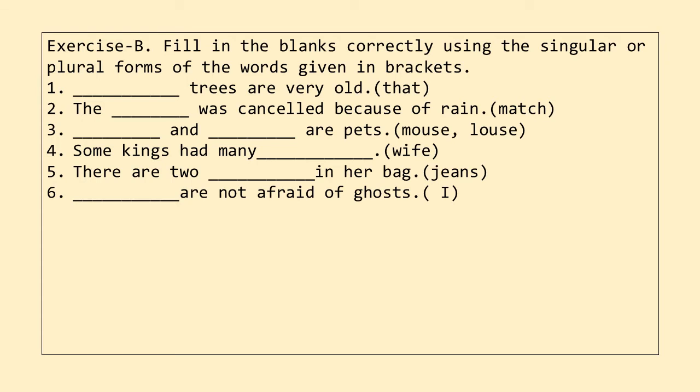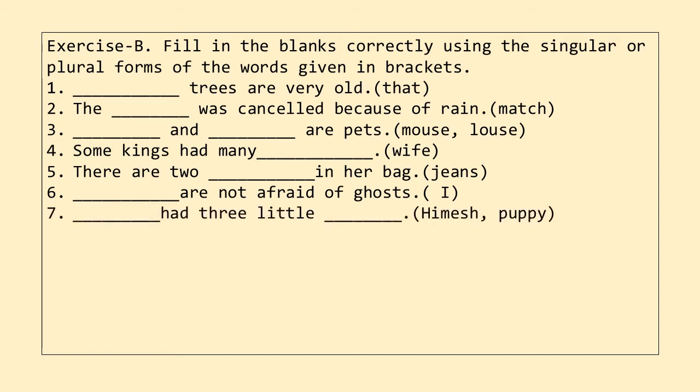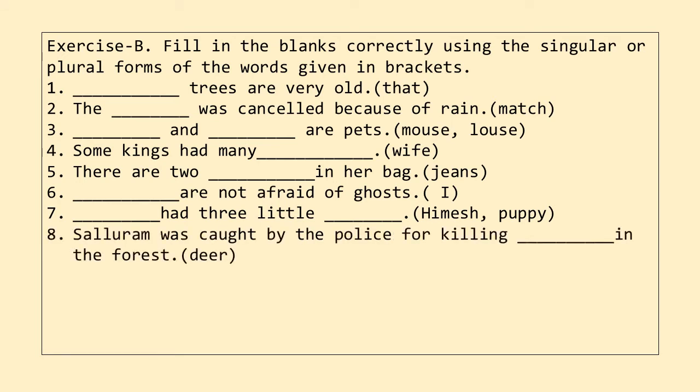The word given in the bracket is I. Then comes number 7. Dash had 3 little dash, Himesh and Puppy. Number 8. Saluram was caught by the police for killing dash in the forest. The noun given in the bracket is deer.